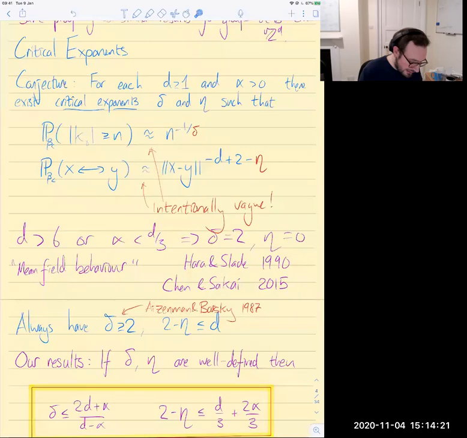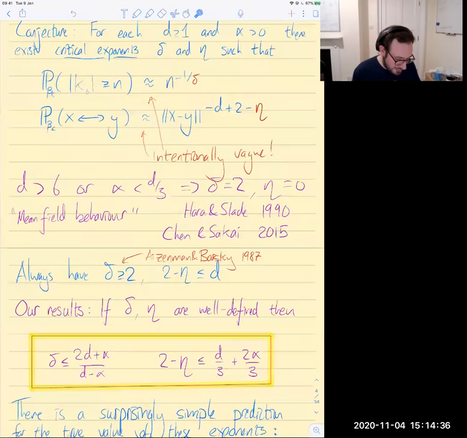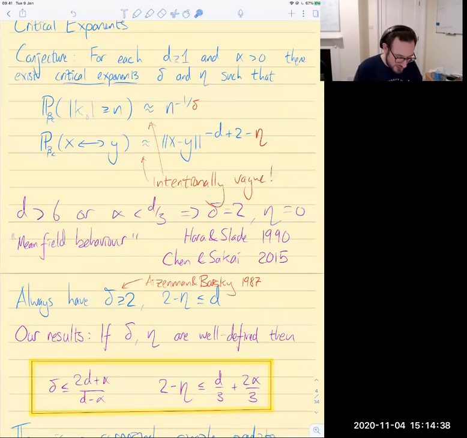And then the 2-point function exponent is normally expressed this way. So it's like the correction to the Green's function scaling. If eta is 0, the 2-point function is like the Green's function, and otherwise it's different. Under these mean field conditions, we expect or know in many cases that these exponents are well defined, and delta is equal to 2 and eta is equal to 0.